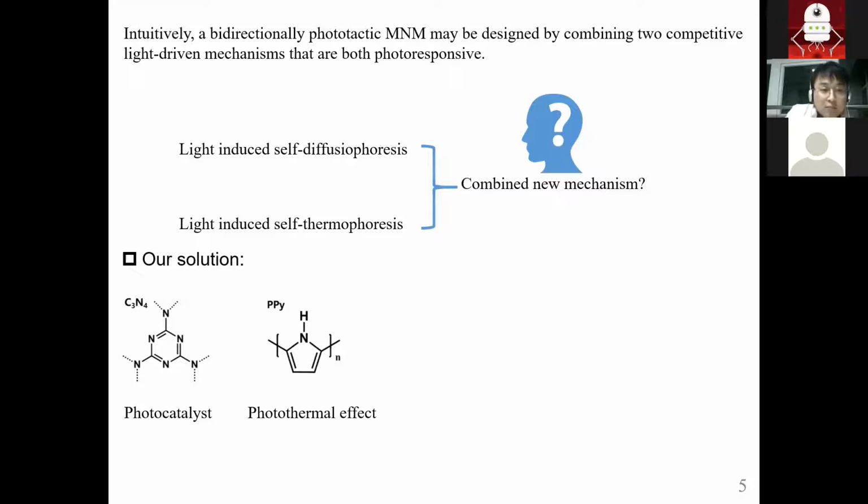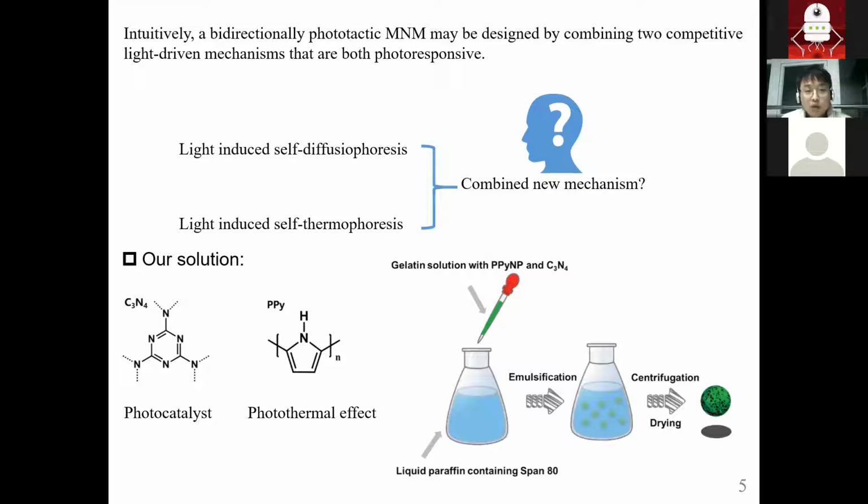Specifically, the micromotor consists of polypyrrole nanoparticles, carbon nitride, and gelatin excipient, fabricated by the emulsion solvent evaporation technique.